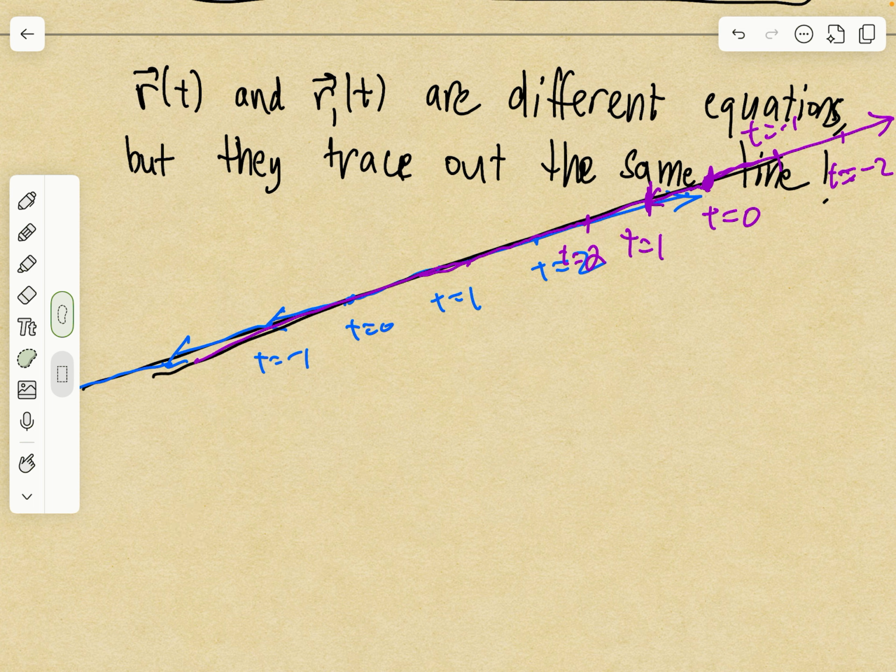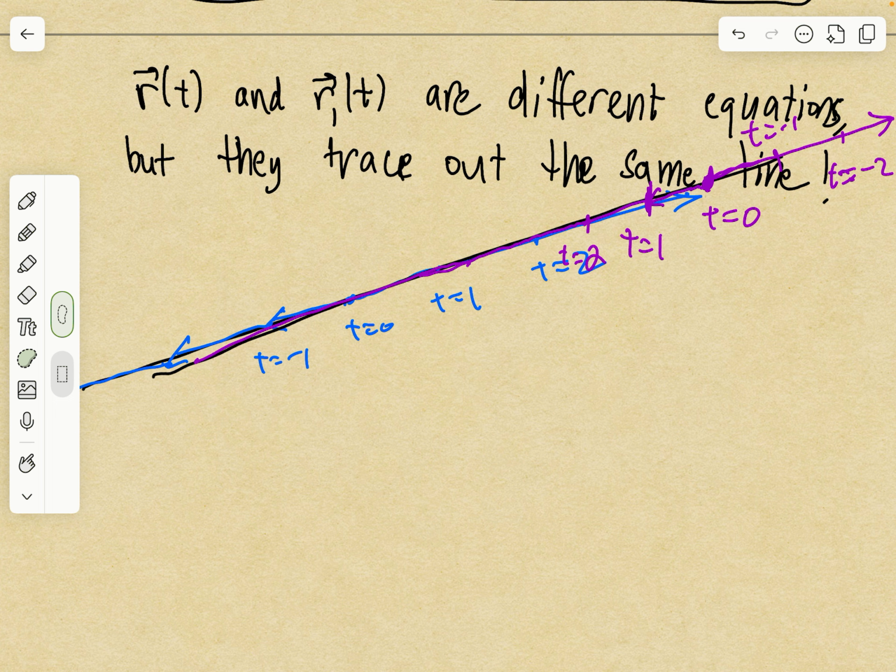You have the same freeway, but if you need to make your car go along the entire freeway, you can choose where your car starts, and you can choose the direction that your car is going in. You can choose how far it's going between t equals 0 and t equals 1. I mean, there's an infinite number of options.